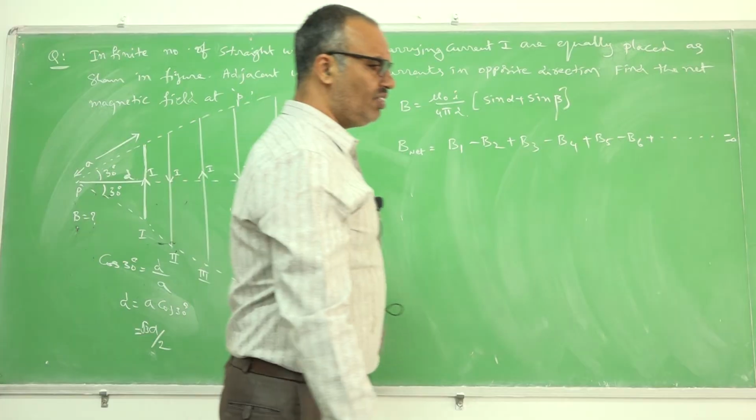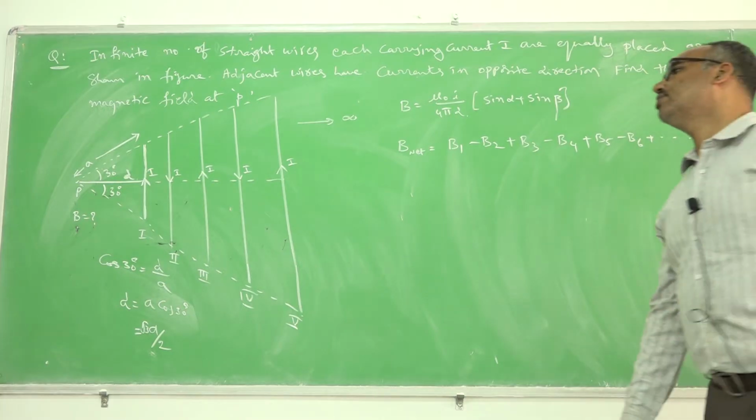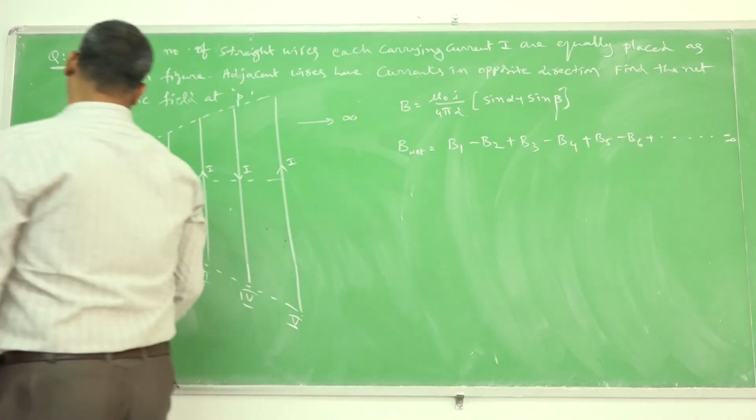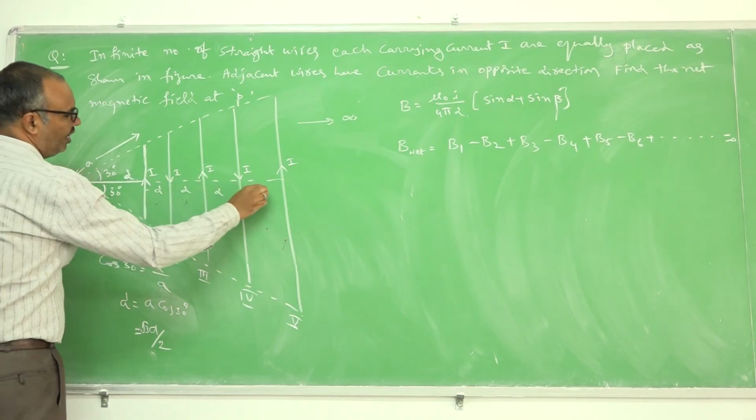What is the spacing between the wires? As per the diagram, the spacing between the wires is equal. That means from here to here the distance is d, here to here d, like that.